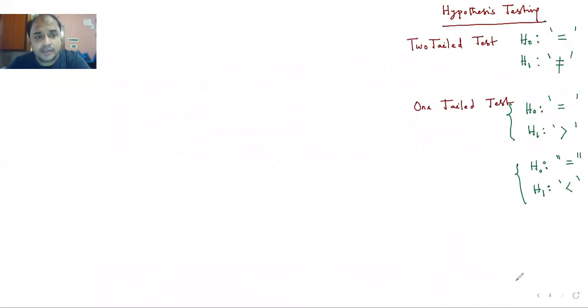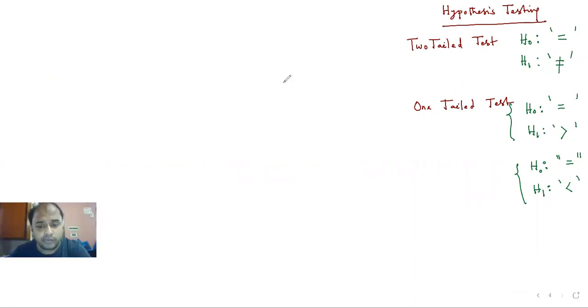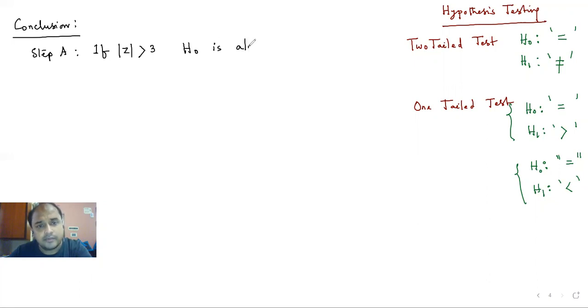Now here comes the way of drawing the conclusion. That is the important part. In the last class I talked about drawing the conclusion in the following manner. Conclusion, step A: if mod Z is greater than 3, H naught is always rejected, which is not happening over here.